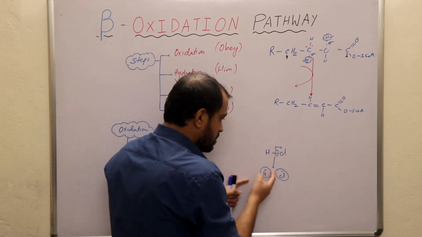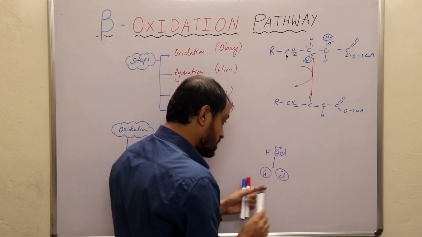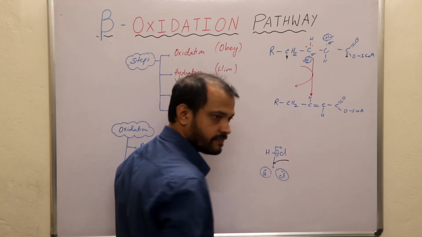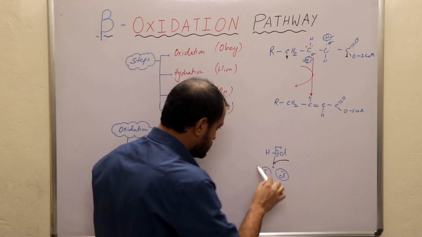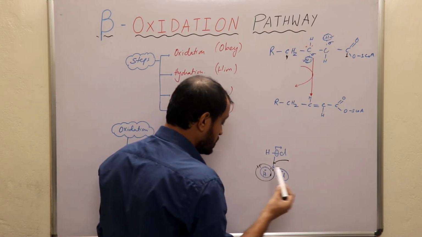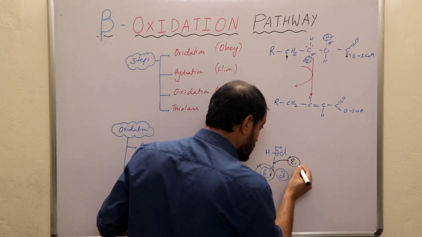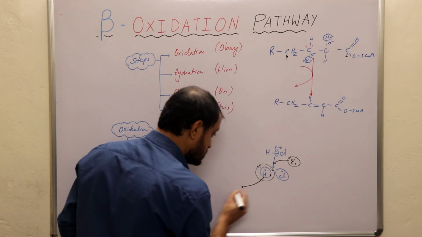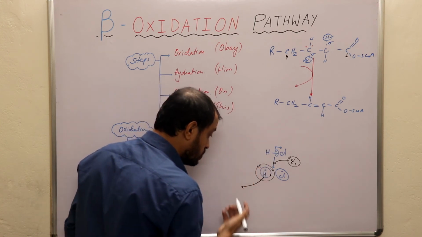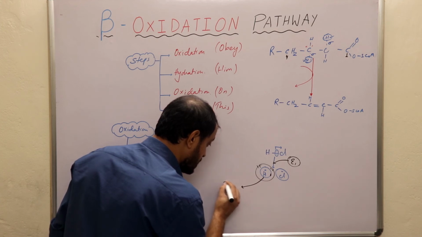If from this scenario I have to generate free radicals, then we need sufficient energy, and this sufficient energy will be provided by some enzyme, suppose E1, and this E1 will give only this hydrogen to some very good reducing group, one of the best reducing groups, NAD.